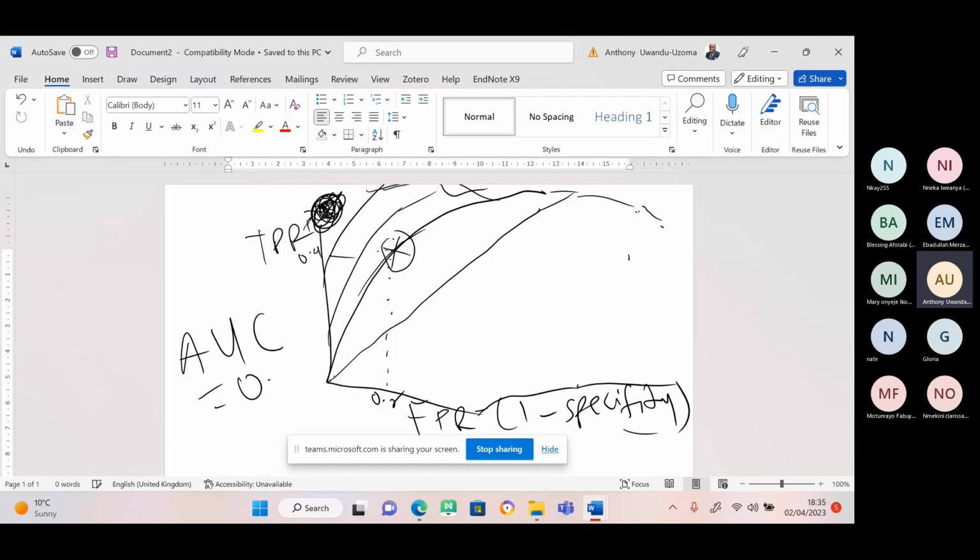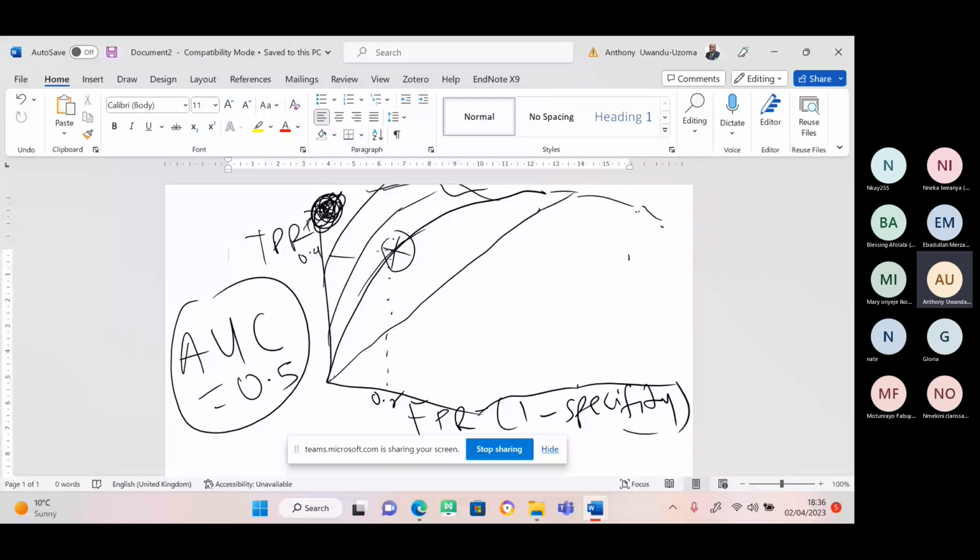When you have an AUC of 0.5, the test doesn't make sense. It cannot distinguish accurately between positive and negative cases, so any value you get is random.